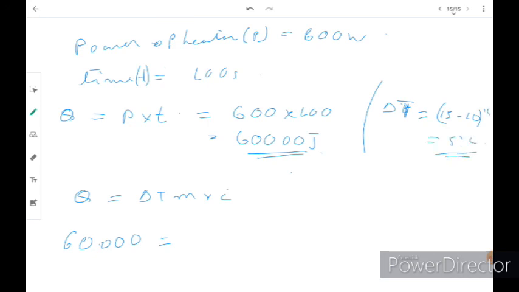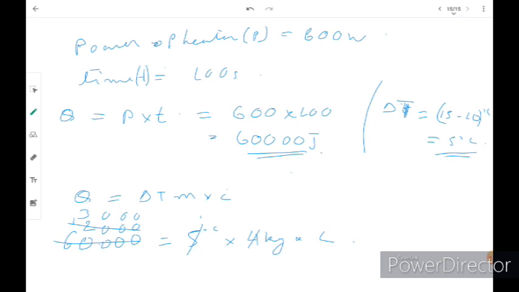So this 5 you have to take from the question. Change in temperature is 5 degrees C, mass is 4 kg, and C we need to find. 5 1s are 5, 5 2s are 10, and this one 5 2s are 10, 0 0 0, and 4 1s are 4, 4 3s are 12, 0 0 0.